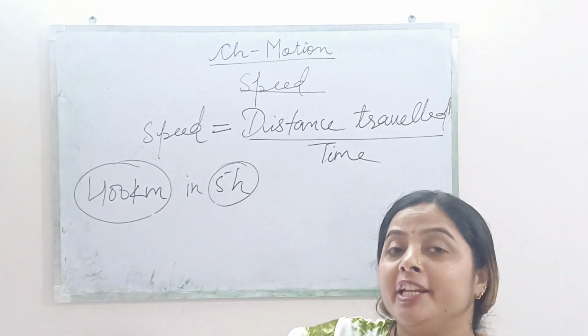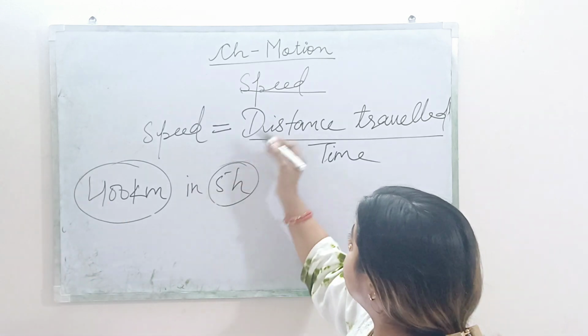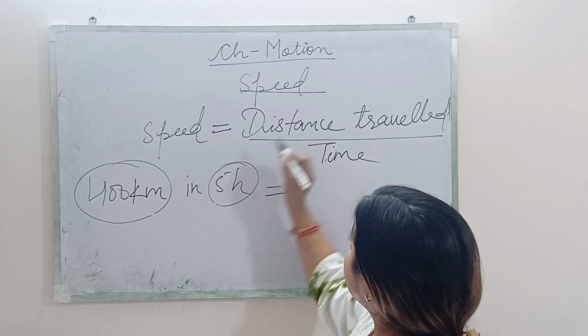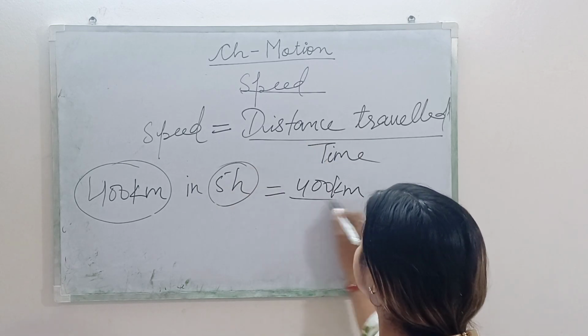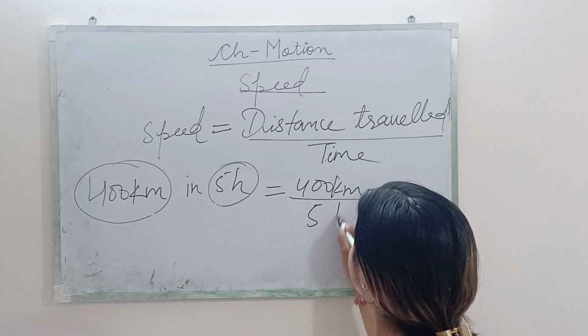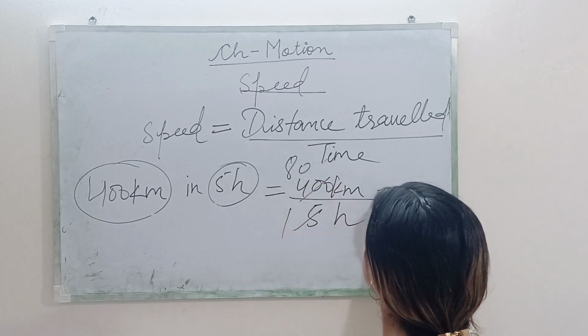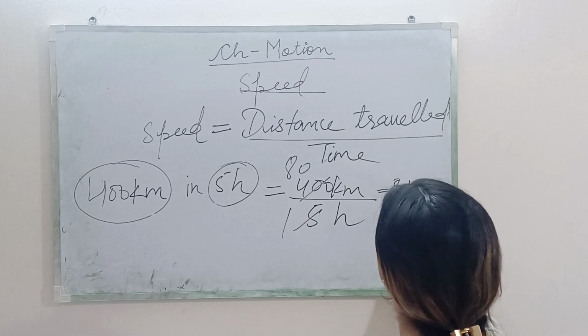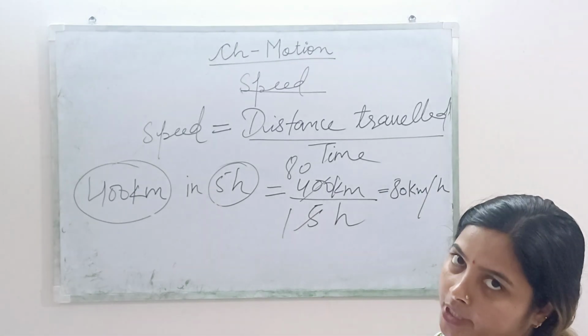So what will be the speed in each unit hour, or every hour? So substitute the value. Distance traveled is 400 kilometer and time is 5 hours. So 5 eights are 40, 80. That is 80 kilometer per hour is the speed of the body.